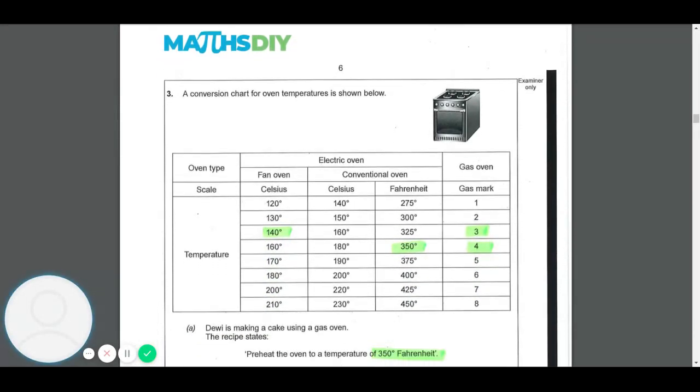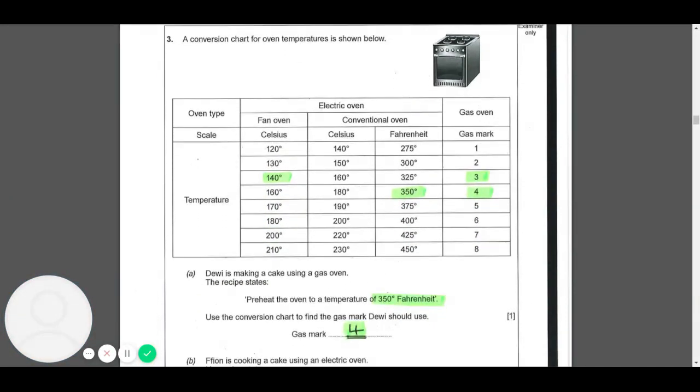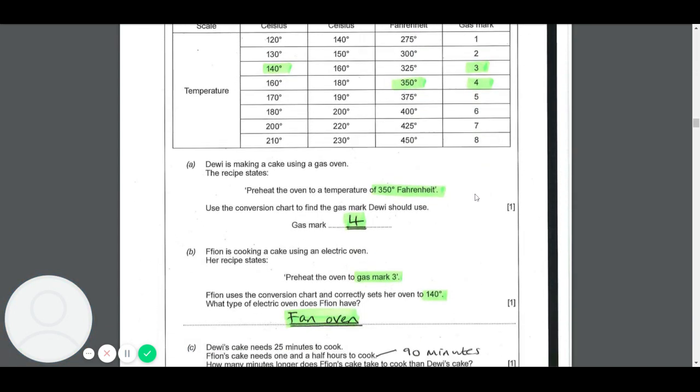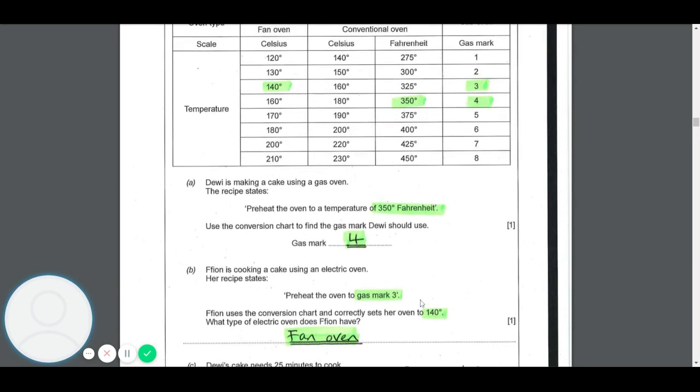Okay, conversion chart for oven temperatures. So he's making a cake using a gas oven, 350 degrees Fahrenheit. So we're going to have a look at the gas mark. So 350 degrees Fahrenheit is equivalent to gas mark 4. Just read it off the chart. Fionn has got gas mark 3. She converts it to 140. What sort of oven has she got?